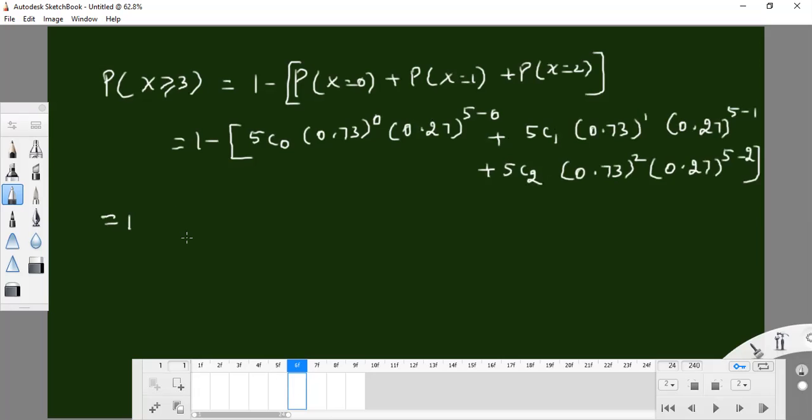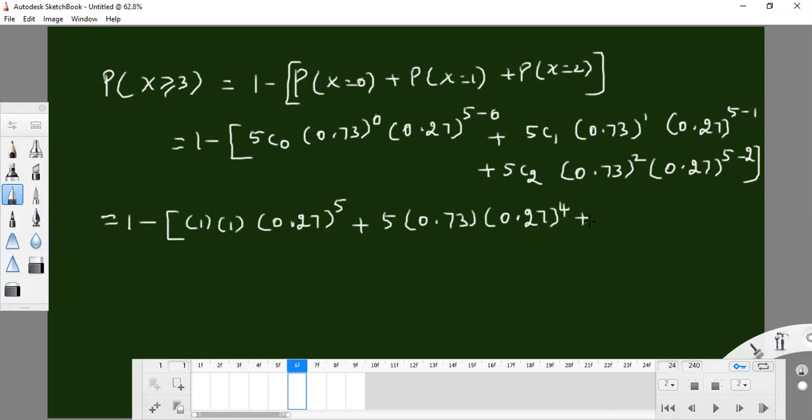It gives 1 minus [5C0 value is 1, into power 0 value is 1, into (0.27)^5, plus 5C1 value is 5, into 0.73, into (0.27)^4, plus 5C2, which is 5 into 4 by 1 into 2, into (0.73)^2 into (0.27)^3].